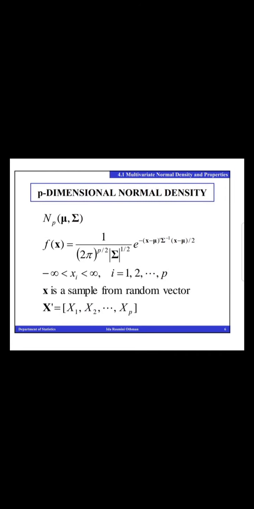The exponent will be the summation of xj minus mu transpose, the inverse of the variance covariance matrix, multiplied by xj minus mu, divided by 2.